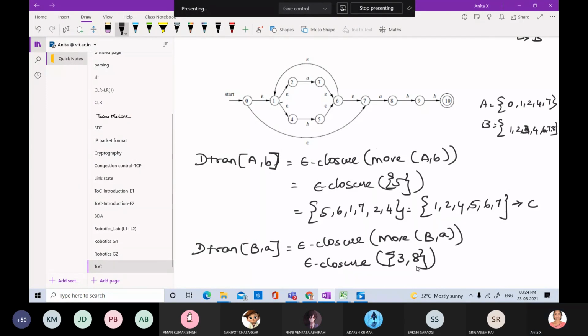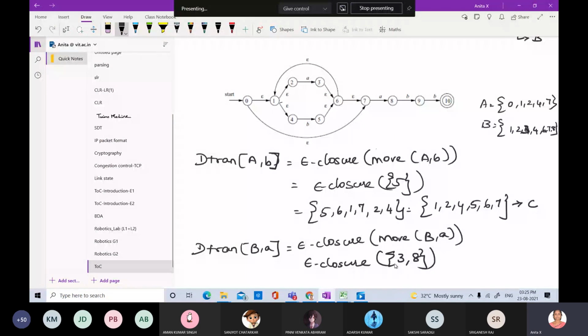It is 3, 6, 1, 2, 4, and from 6 there is 7, yes ma'am, 7. That is the epsilon closure of 3.